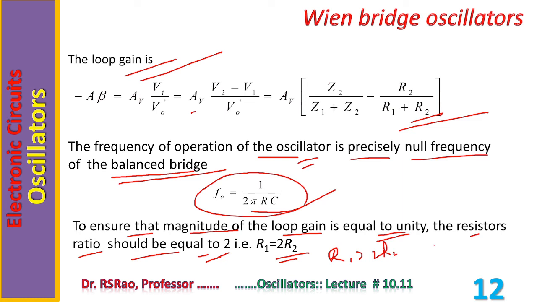This relation has to be maintained so that the magnitude of loop gain is slightly more than 1. For unity, R1 requires to be equal to 2R2, but we know well that the magnitude is maintained at a value slightly more than 1. To maintain that, we have to see that R1 is more than 2R2.